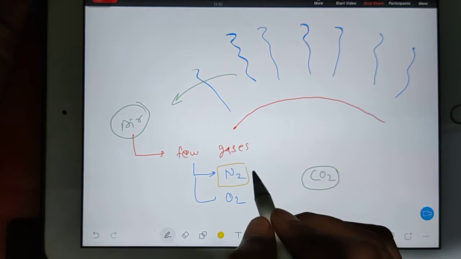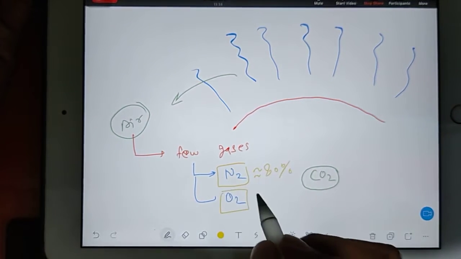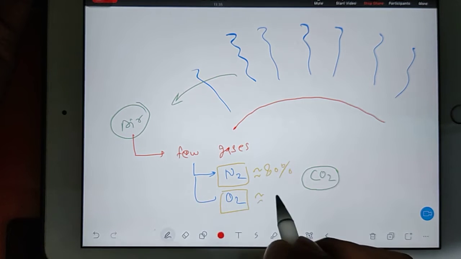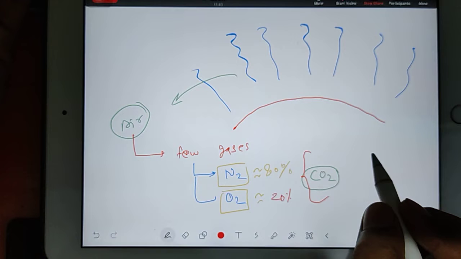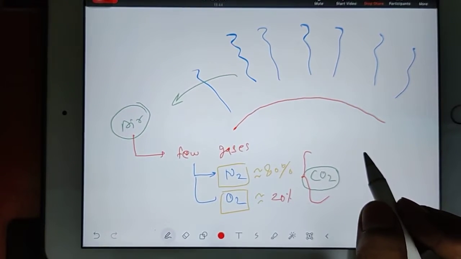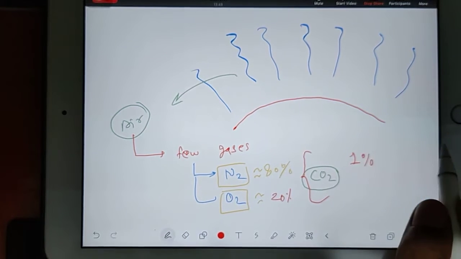Nitrogen is approximately 80%, oxygen is approximately 20%, and all the remaining gases, including carbon dioxide, ozone, whatever gases you know, are just in 1%.